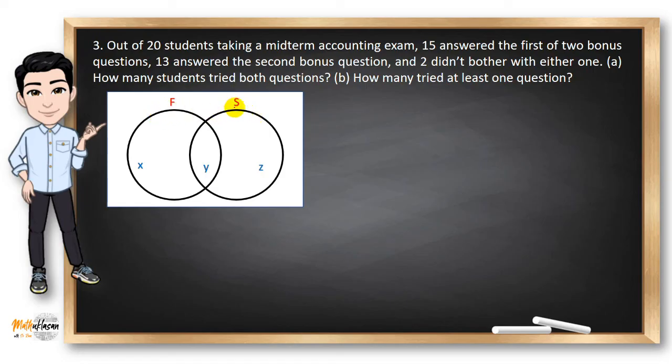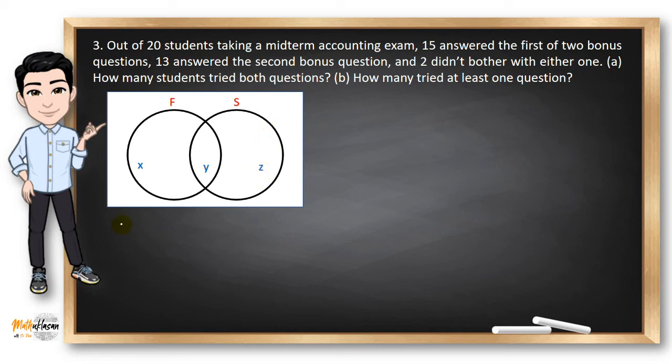And S represents the students who answered the second bonus question. And here I use three variables again. X for those students who answered the first question only. Y, students who answered both the first and the second bonus questions. And Z are the students who answered the second bonus question only.